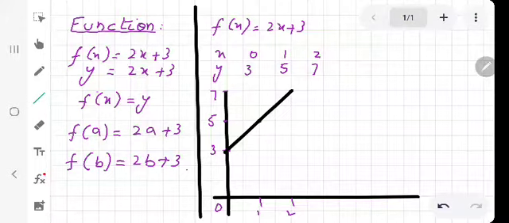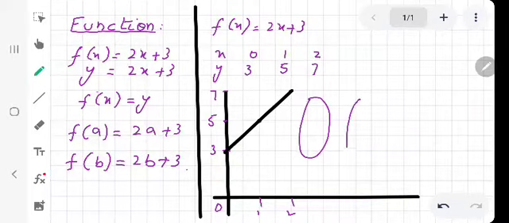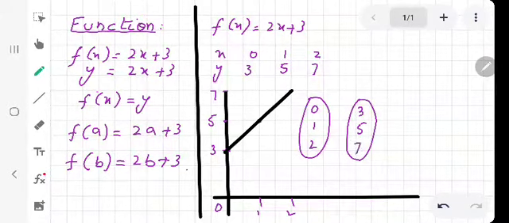Okay, now if I write the values of x and y like this, by making these shapes. In the first shape I am writing the values of x, that is 0, 1 and 2, and in the second shape I am writing the values of y, 3, 5 and 7.